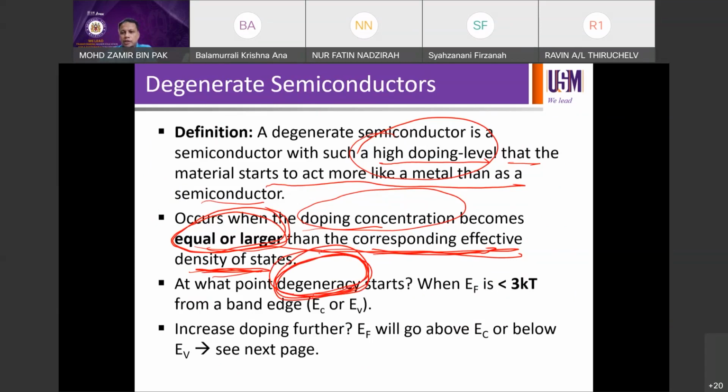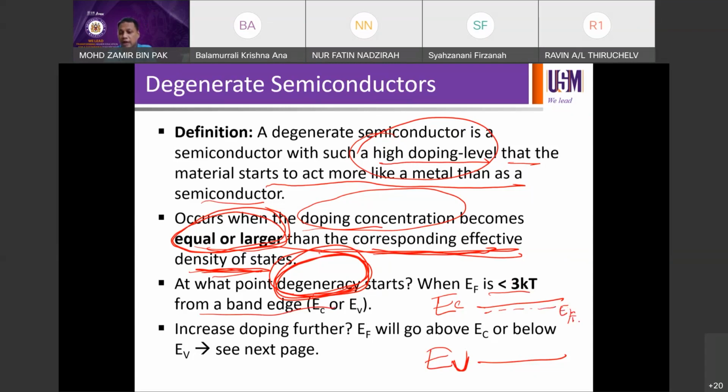So you are going to start to have degeneracy when your EF, still you have to sketch. Okay, go back to your sketch diagram. Then we can appreciate the magnitude. Okay, when EF is less than 3 kT from the band edge, less than 3 kT, meaning it is too close, right? So if you're talking about N-type, your EF should be here.